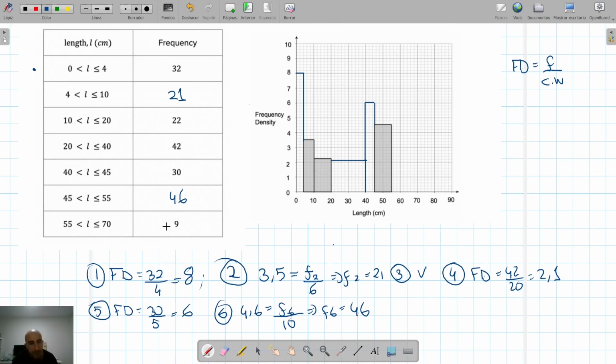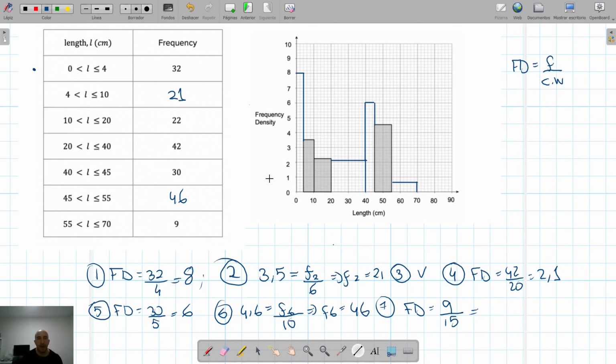The frequency density is 9 divided by 15, which is 0.6. So from 55 to 70 we have 0.6. And that's our histogram finished, and our table of frequencies finished too.